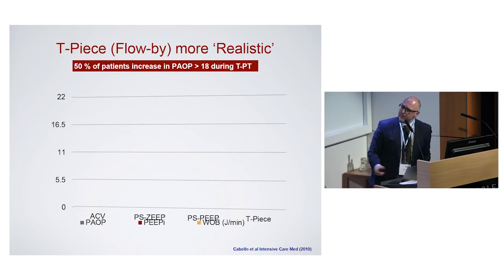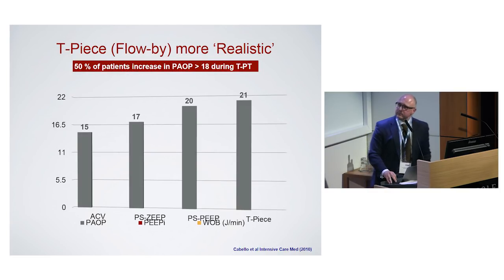So let's have a look here. This is assist control ventilation, pressure support with 0 PEEP, pressure support with PEEP, and a T-piece, so 0 PEEP, 0 pressure support. And we look at the wedge pressure, the intrinsic PEEP, and the work of breathing.